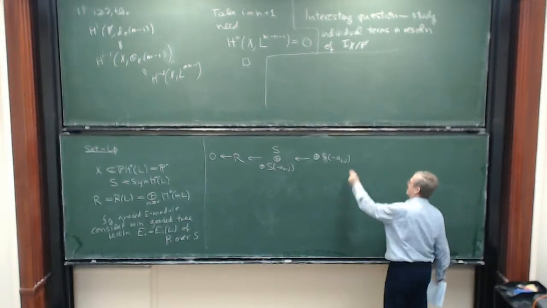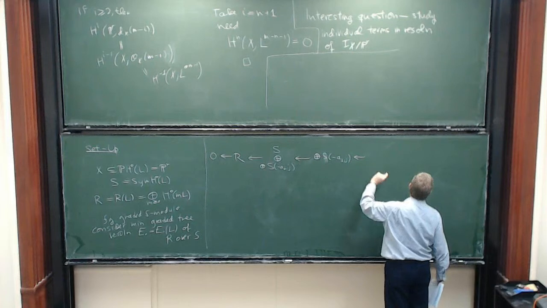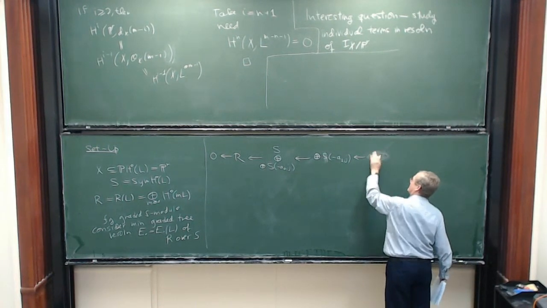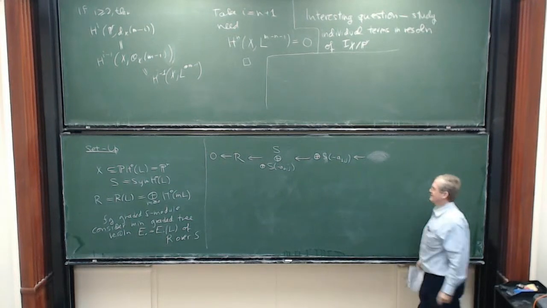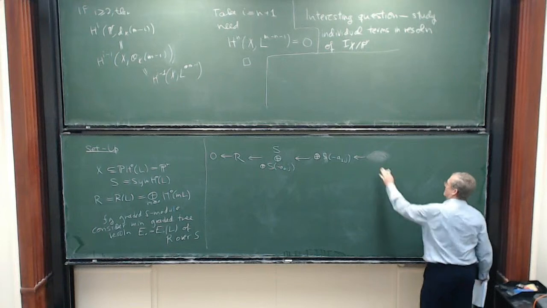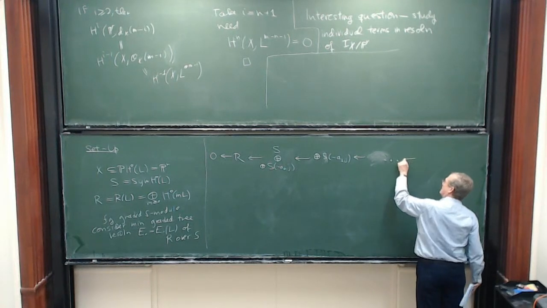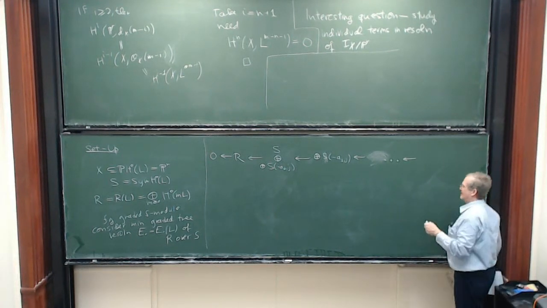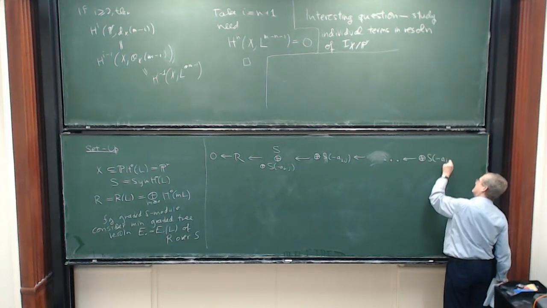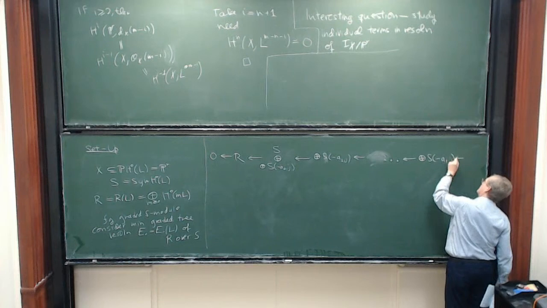And we keep going. You have some generators of the second module of syzygies and so on, and you keep going until you get to the end. Now how long does the resolution last? It always ends by the R step, but it might end sooner.